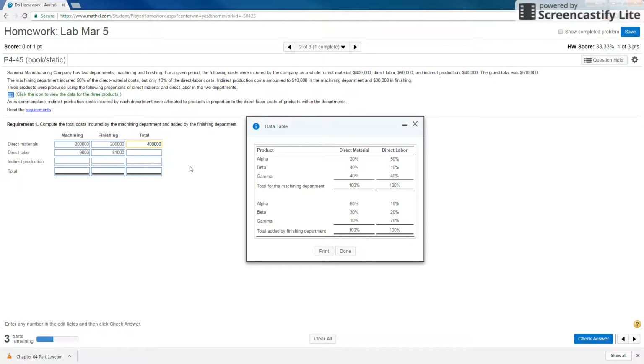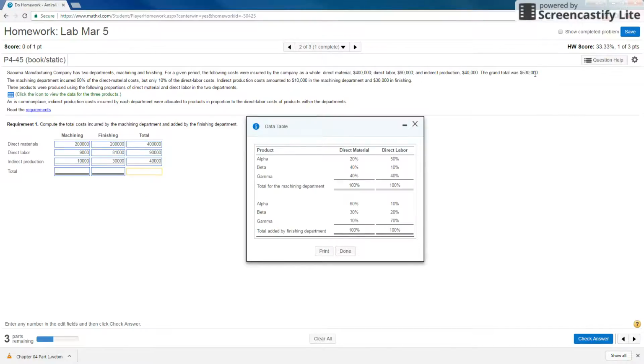So it's 400,000 and here is 90,000. And I already know that the indirect production is 40,000 here. And the question told us that the indirect production cost amounted to 10,000 in the machining department and 30,000. So there's no calculation here. We just put the numbers in.